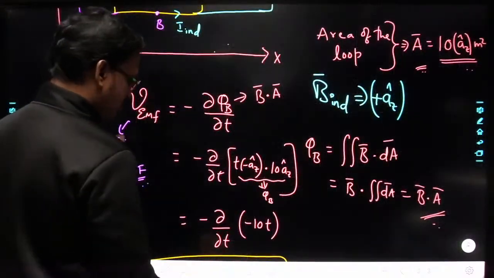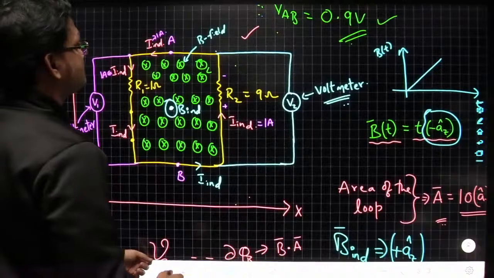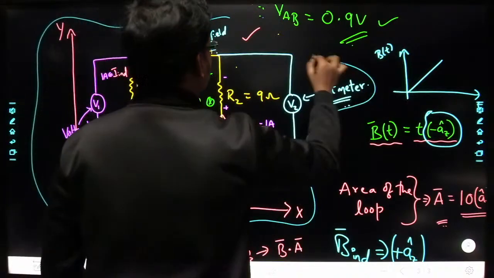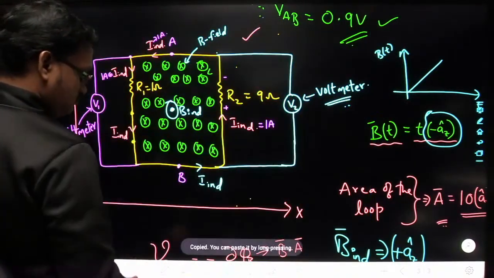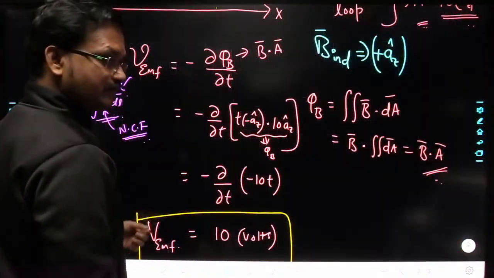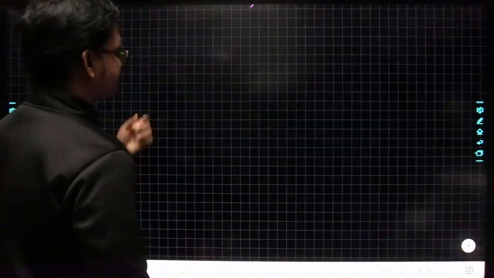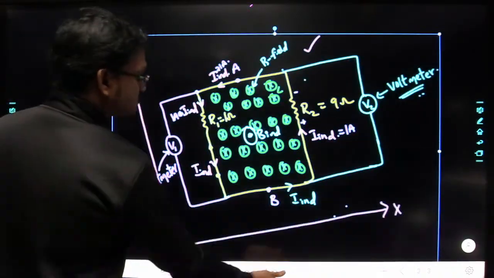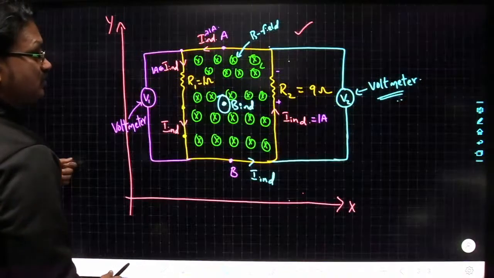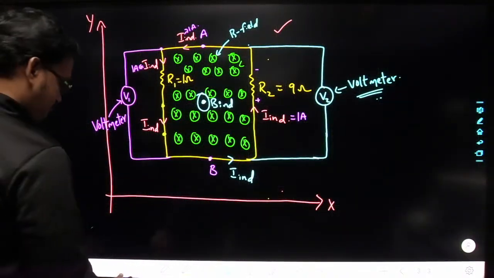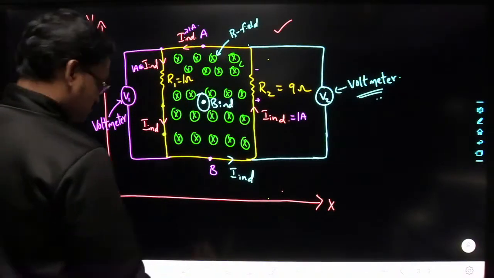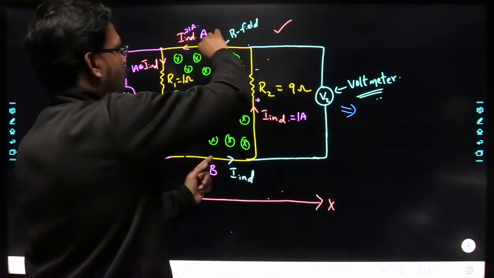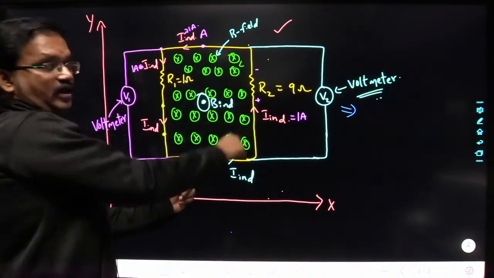So I am copying this diagram here. This V2 will measure the potential difference between A and B. Understood?